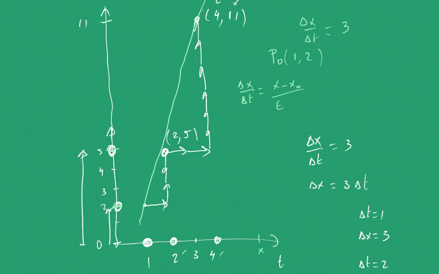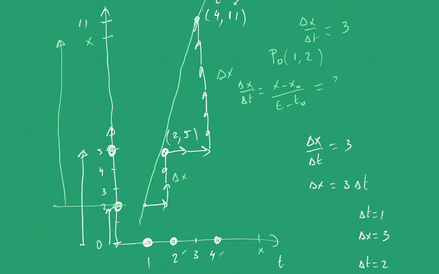So the delta x from the initial point, for any x that you place here, is x minus x0. Delta t will be t minus t0. And delta x divided by delta t is 3.